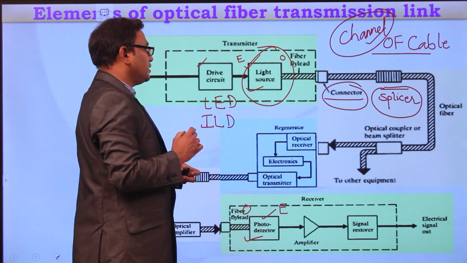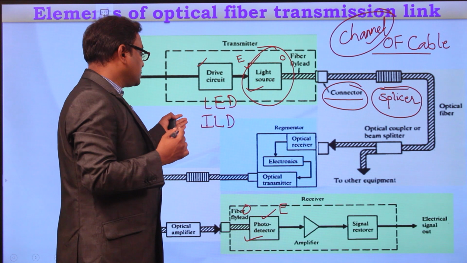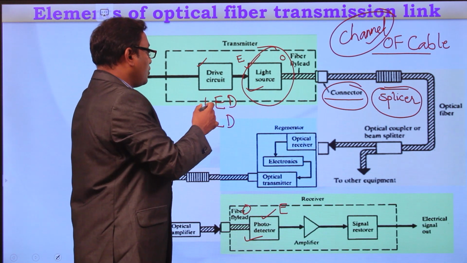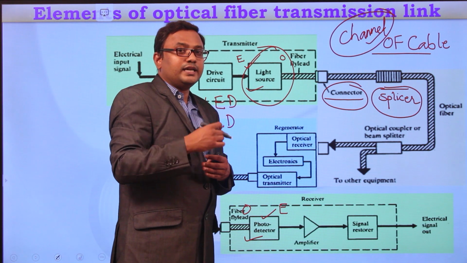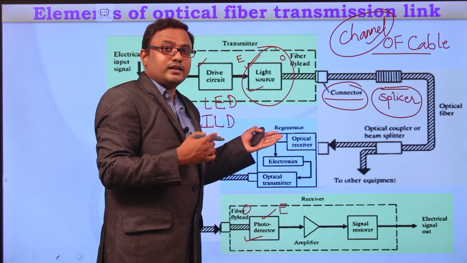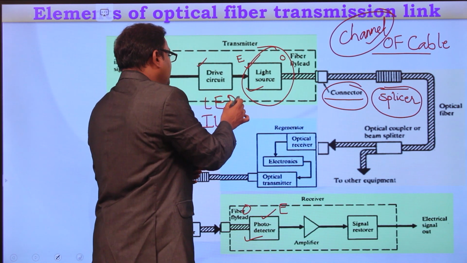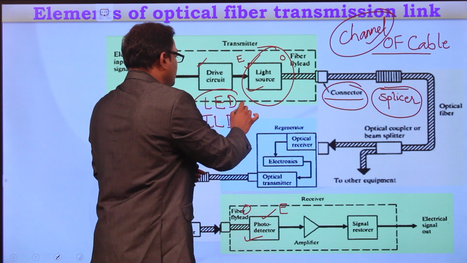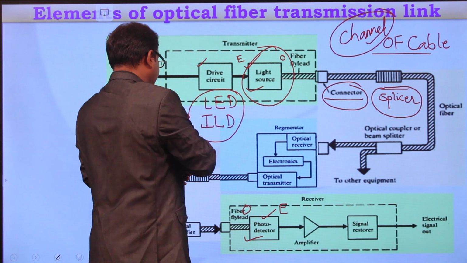So in the fourth unit, we are going to learn about the basic principle of LED and the basic principle of laser diode, and also how many types of LEDs are there, like surface emitting LED, edge emitting LED, and different types of laser diodes like Fabry Perot laser, distributed feedback laser. So the details related to the optical source will be learnt in the fourth unit.